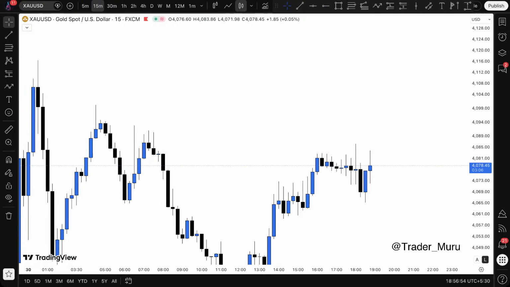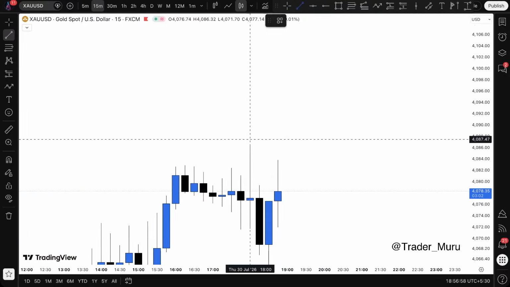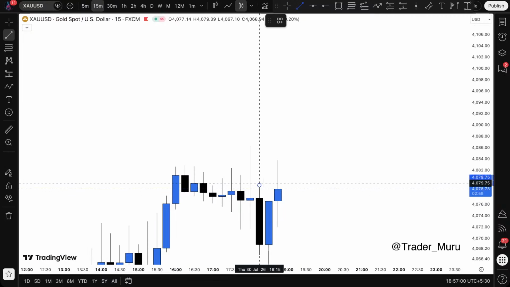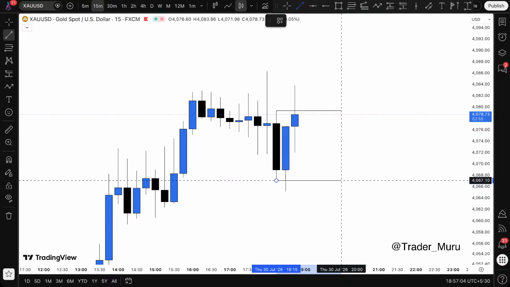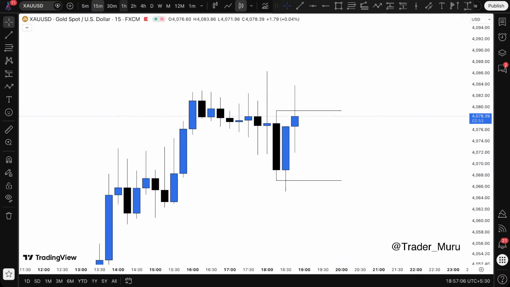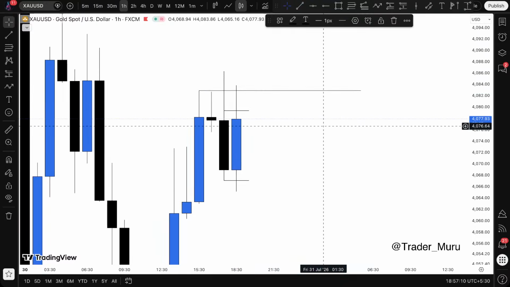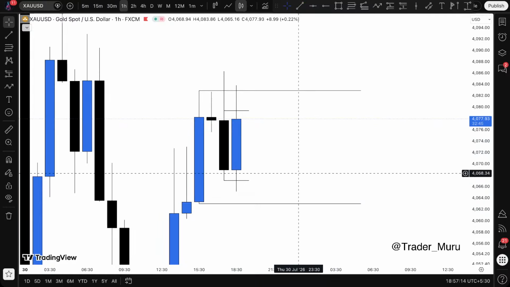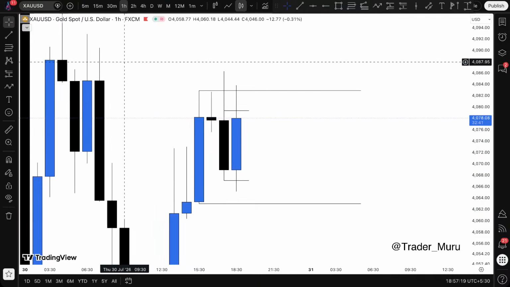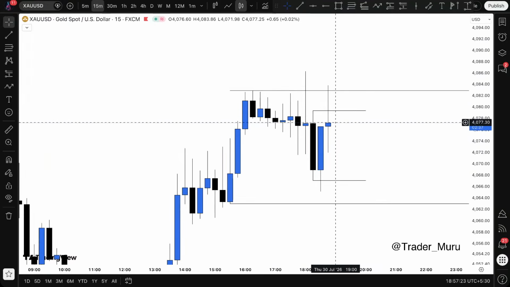See how it is doing this thing. 1 hour ranging and back in the 15-minute range. Where is 1 hour? This is the 1 hour range. Let it close here.